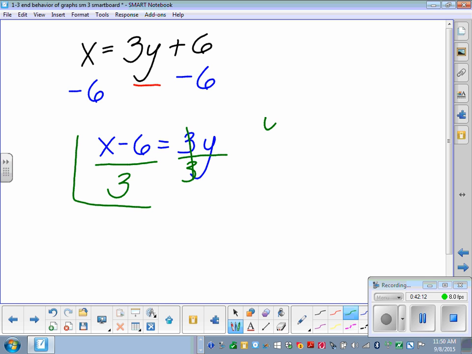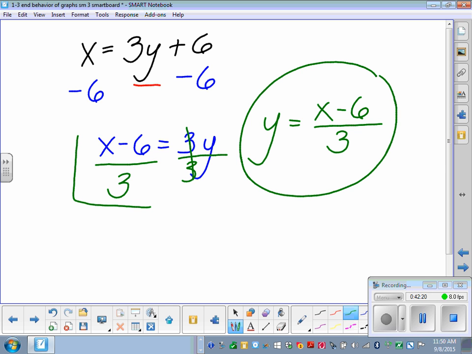So now we have y is equal to x minus 6 over 3. Now notice I have it in the form y is equal to some function involving x. So that's in the correct form. If you type that into a calculator, it would graph it. But if you tried to type in x is equal to 3y plus 6, you couldn't do it.